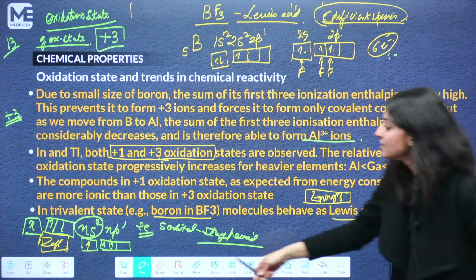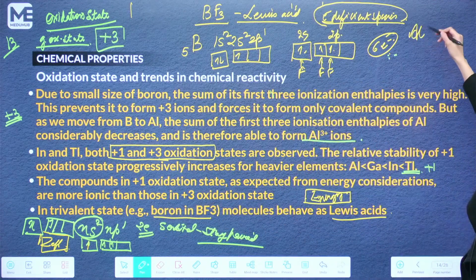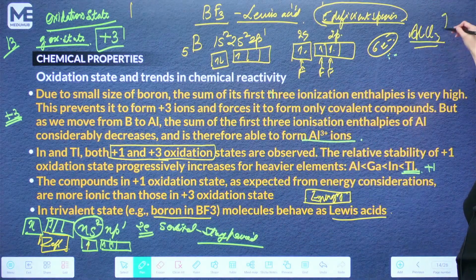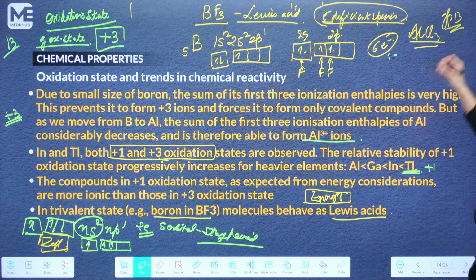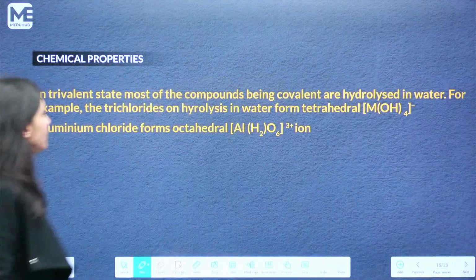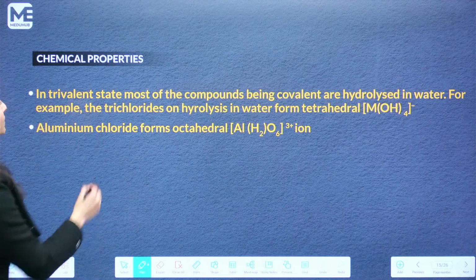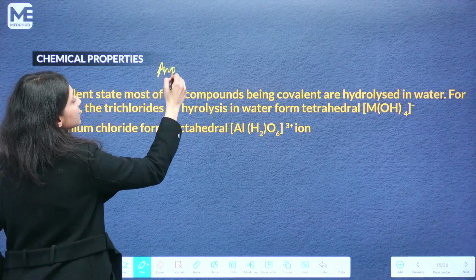So this is the reason in the trivalent state BF3, and in fact AlCl3 also, all the group 13 elements, act as Lewis acids. Now if you read this line here, it is stemming from the anomalous behavior that we discussed.